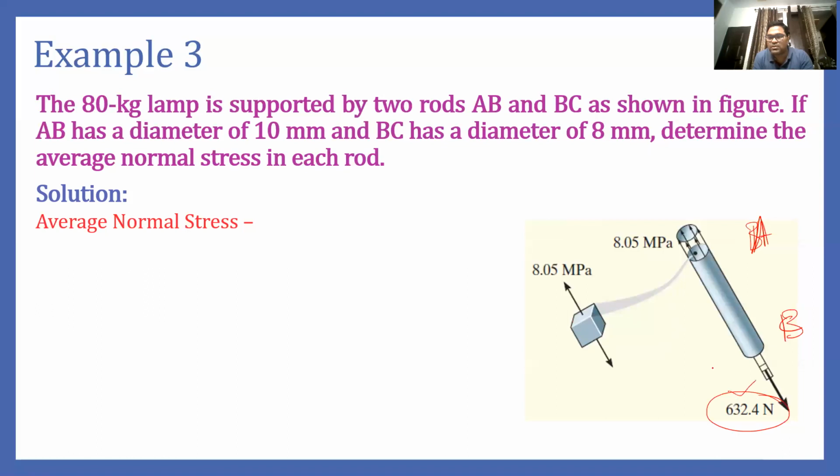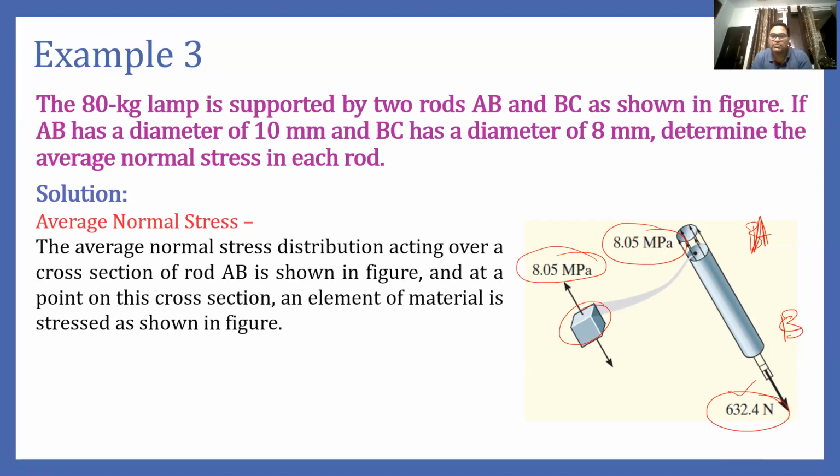This force is spreading uniformly over the cross-sectional area, and that force intensity is 8.05 megapascal. We can even express this at an element. So the element is experiencing 8.05 Newton per mm square stress. This is how we can find the average normal stress in the bar.